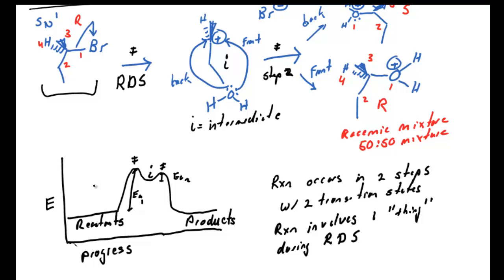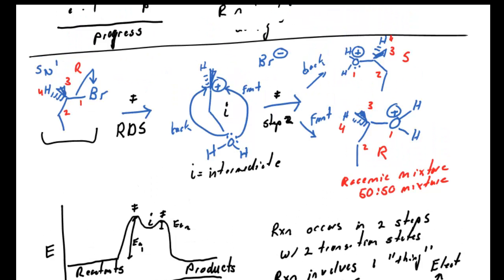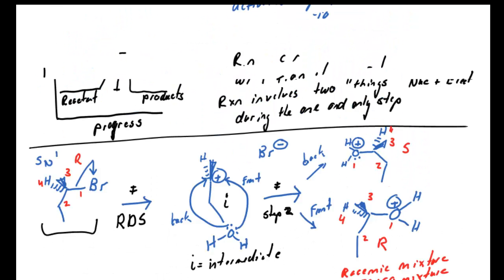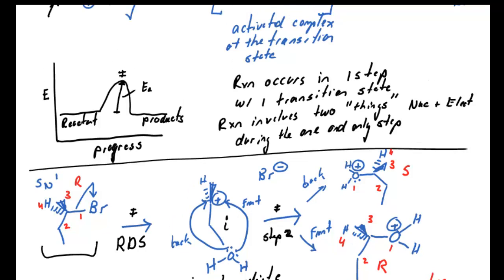Now when we study kinetics, you'll see that this whole analysis will make more sense. So one thing is involved, and that's the electrophile. As you might remember, when we talked about the SN2, we saw that there were 2 things involved. So just coming back on the page here, both the nucleophile and the electrophile were involved in the one and only step of the SN2 reaction.